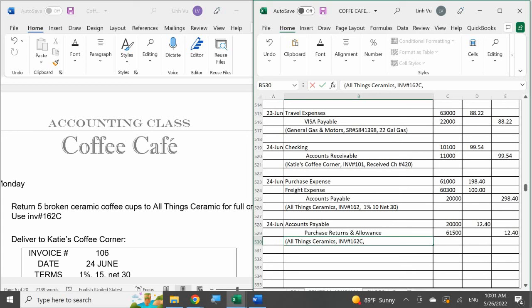And refund 5 broken mugs, full refund. Okay.